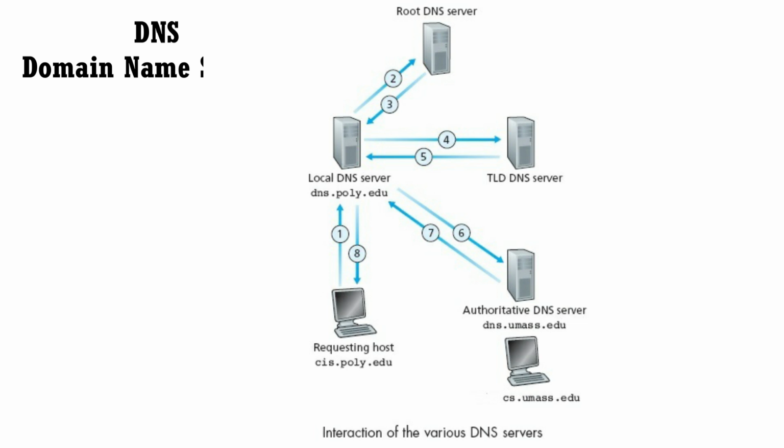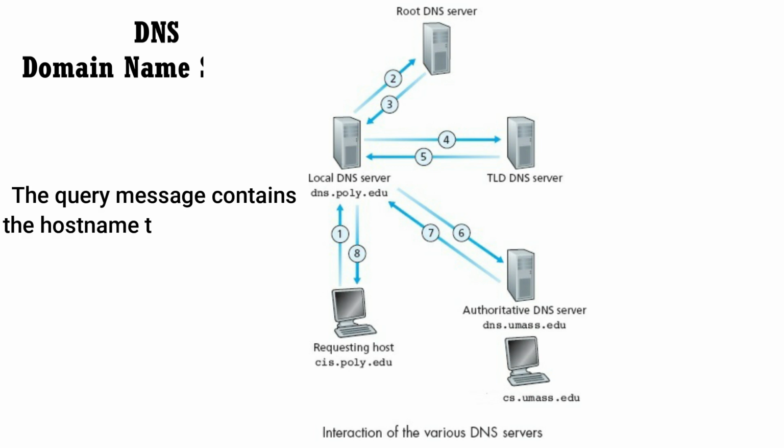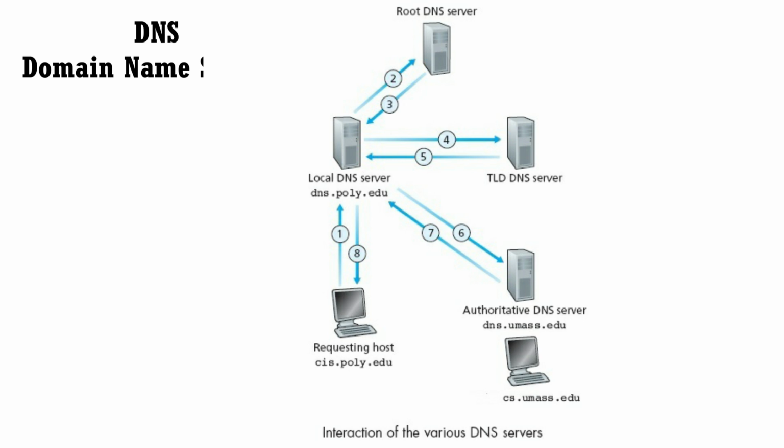The host cis.poly.edu first sends a DNS query message to its local DNS server, that is dns.poly.edu. The query message contains the hostname to be translated, namely cs.umass.edu. The local DNS server forwards the query message to a root DNS server.